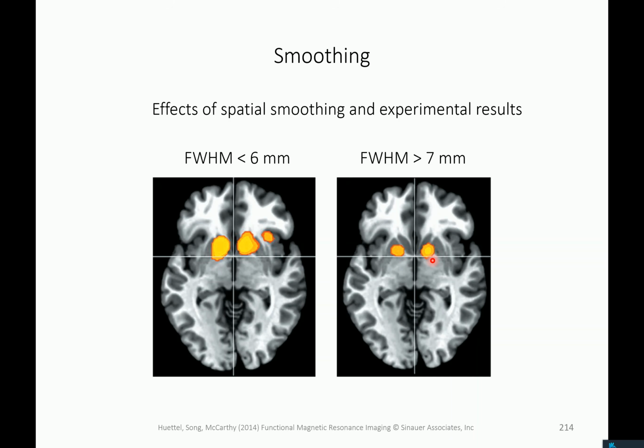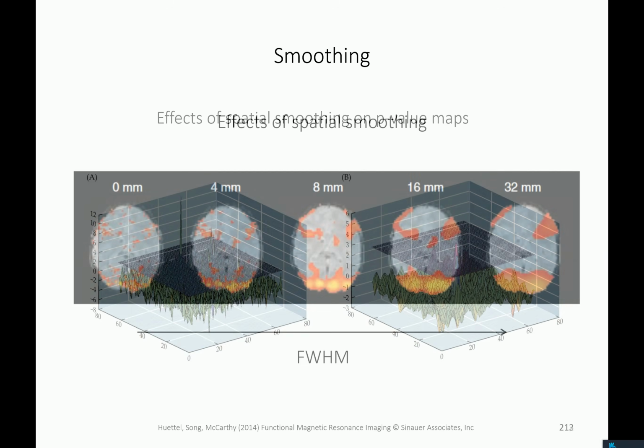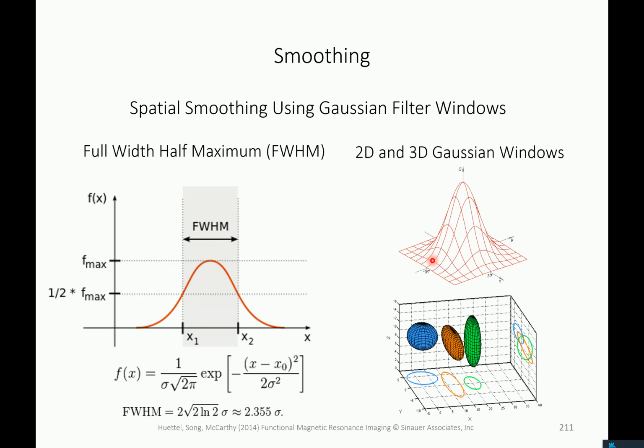I have a question regarding the Gaussian function, because you previously said that it's not acting as a probability distribution, but just a function. I've read that you do smoothing in order to enhance your signal-to-noise ratio, and that they assume the noise is kind of randomly distributed over the brain, but the signal is not.